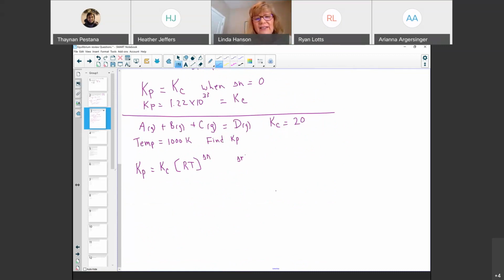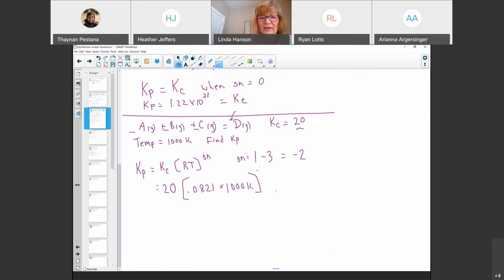The delta N here, since it's just 1 gaseous mole of product, but there's 3 combined gaseous moles of reactant, 1 minus 3 is now -2. So to solve this problem, the Kc, which I just made up as 20, times 0.0821, and the temperature I just randomly made is 1,000.